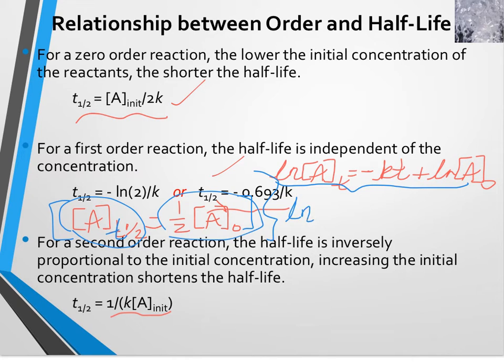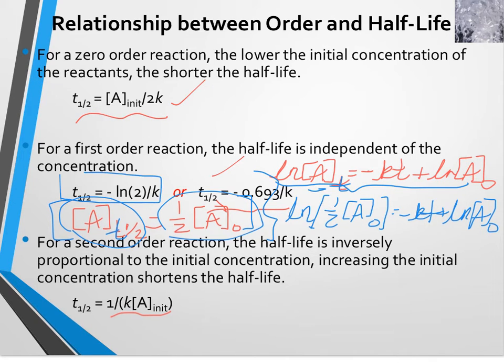And again, wherever you see concentration of A sub t, you plug in this half-life. So it'd be natural log of 1/2 concentration of A naught equals minus kt plus natural log of A naught. And then simplify this, you would end up with your half-life for a first order reaction.